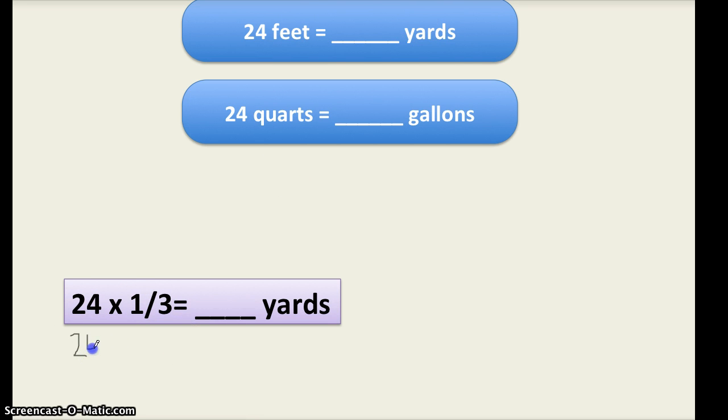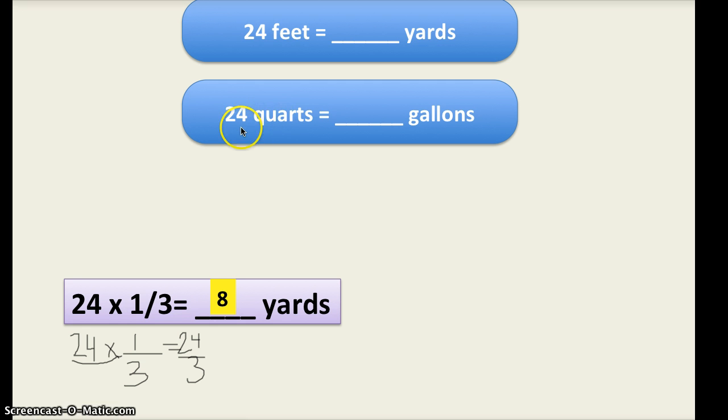So 24 times 1/3. I'm going to draw my line out and then just multiply the top ones together. 24 times 1 is 24, and then just rewrite the 3. So that's the same thing as saying 24 divided by 3.